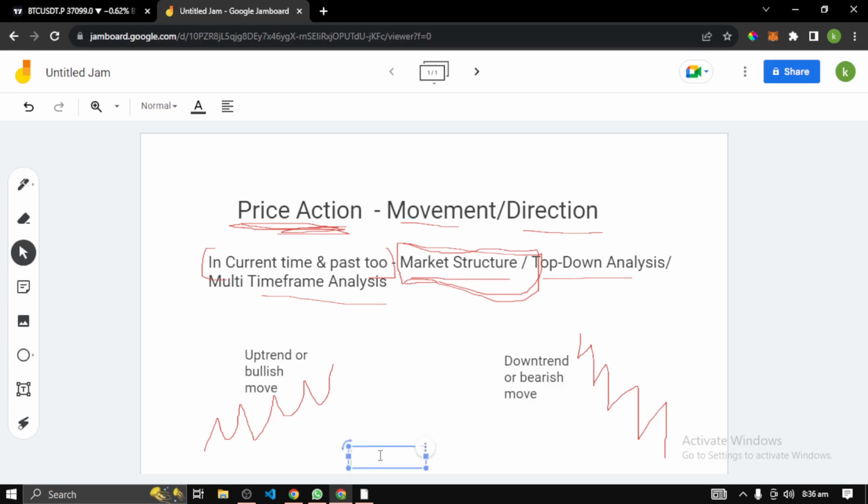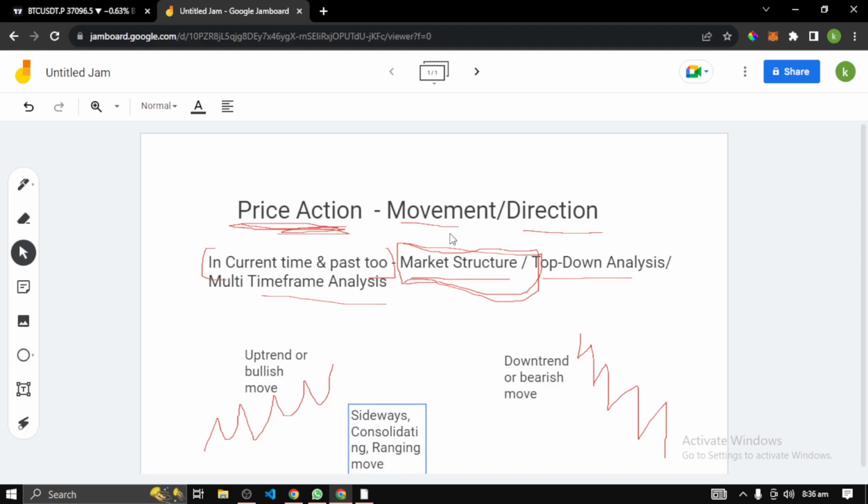So when price is consolidating, it is sideways. It's called either a consolidating market or a ranging market.